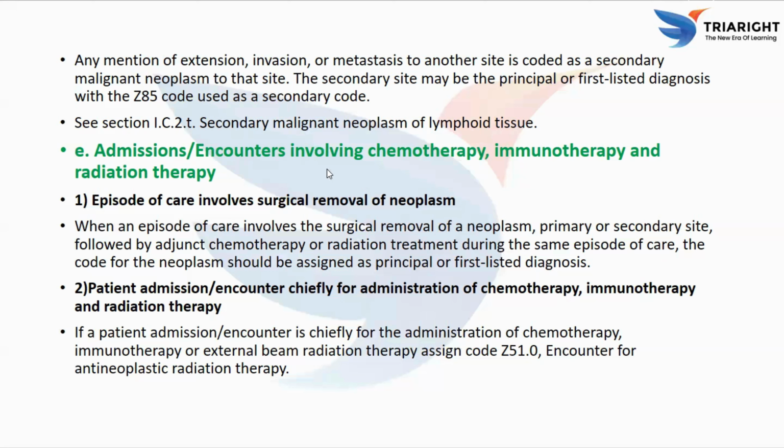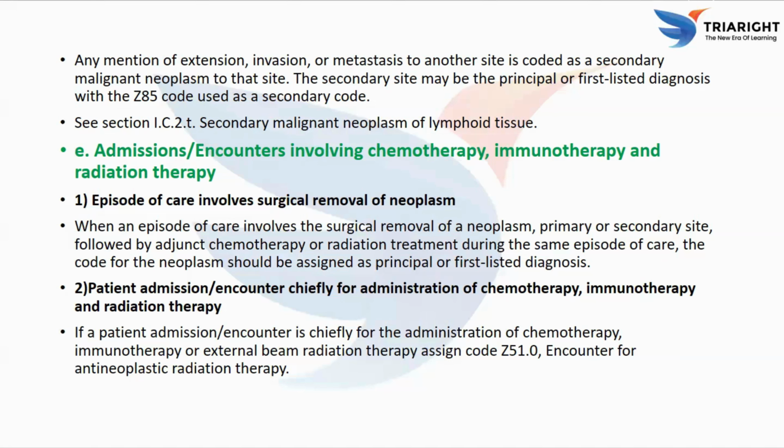And then coming to the E guideline, admissions or encounters involving chemotherapy, immunotherapy, and radiation therapy. So this involves when to code the cancer first versus when to code Z51 first. So the first guideline is an episode of care involving surgical removal of neoplasm. So the patient undergoes surgical removal of a tumor. During the same episode of care, the patient also receives chemotherapy or radiation therapy.